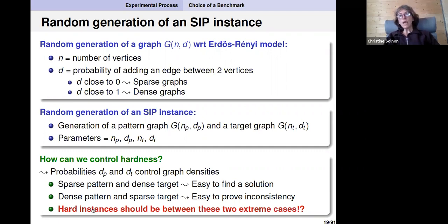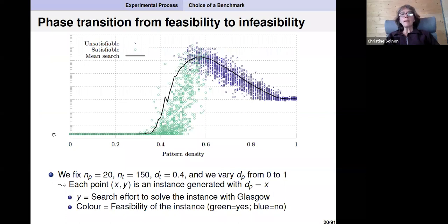So to check this, we can do an experiment where we fix the number of pattern vertices to 20, the number of target vertices to 150, and the probability of adding an edge in the target graph to 0.4.